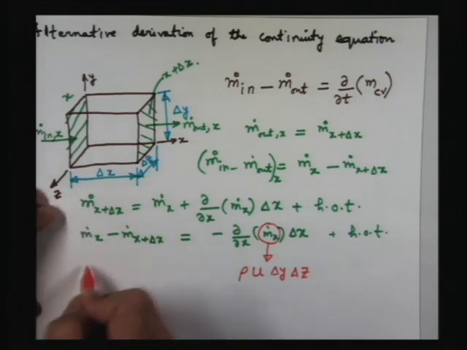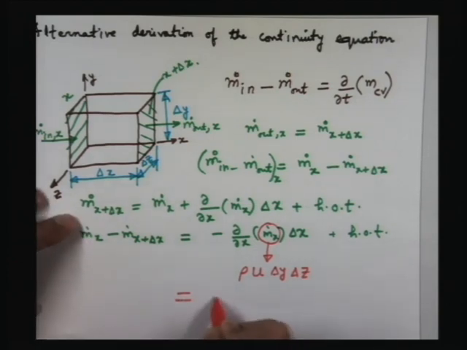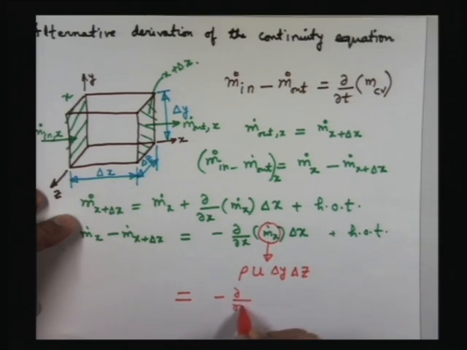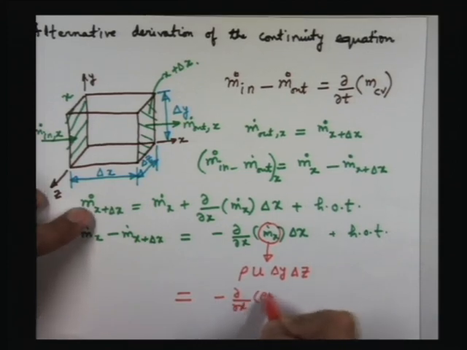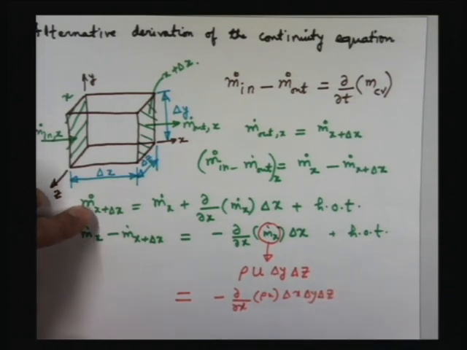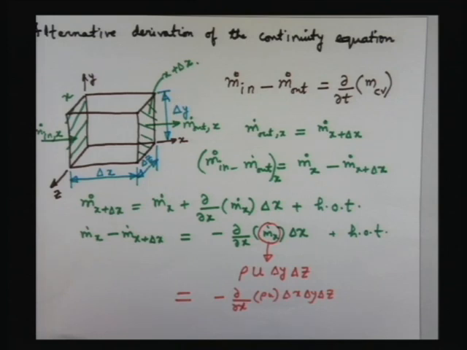So we can write this equal to minus del x of rho u into delta x into delta y into delta z. The other terms will be of higher order, and when we take the limit as delta x, delta y, delta z all tending to 0, the higher order terms will vanish.